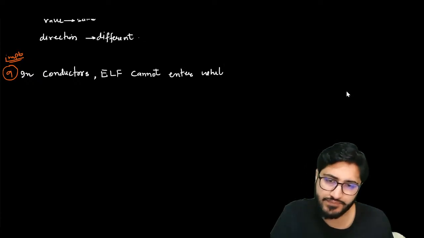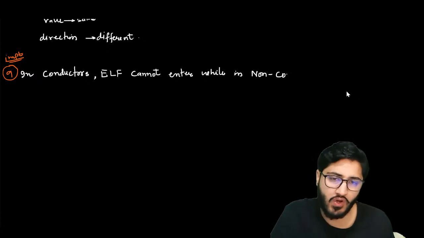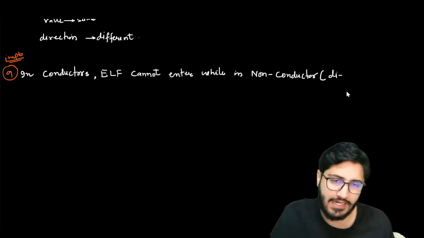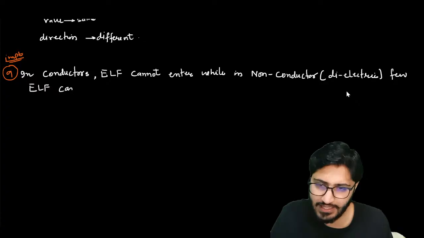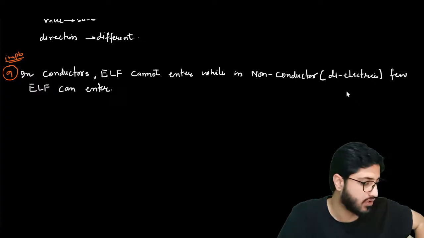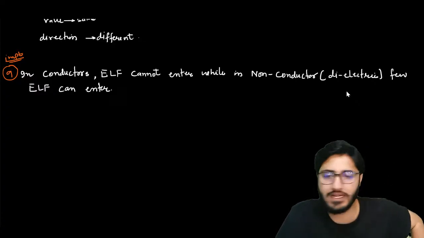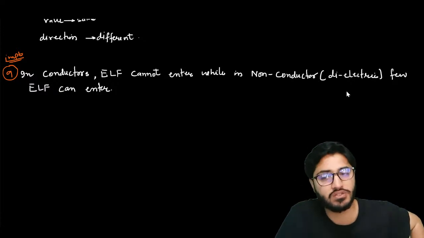While in non-conductors, or you can say dielectrics as well, few electric field lines can enter. If we talk about conductors, electric field lines cannot enter. But if we talk about non-conductors or dielectrics, a few electric field lines cross or enter our material.